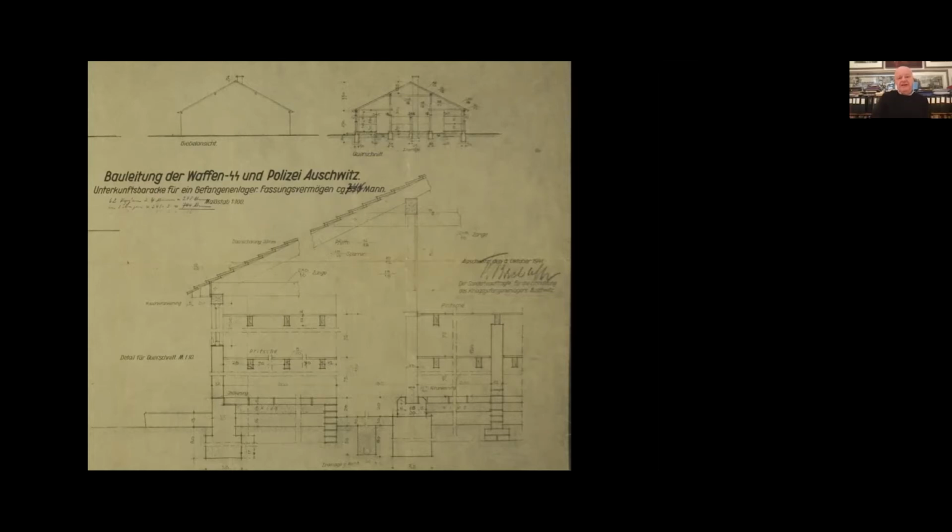There is a little annotation at the bottom in the handwriting of Karl Bischoff, the chief architect, in which he decides to put on each platform, there are 3 platforms on top of each other, each measuring 2 by 2 meters, 4 inmates instead of 3, which increases the capacity of each barrack by a third.